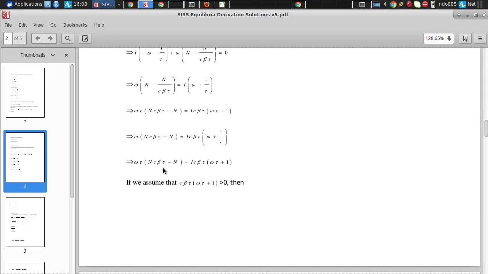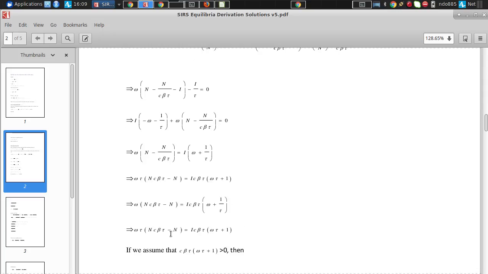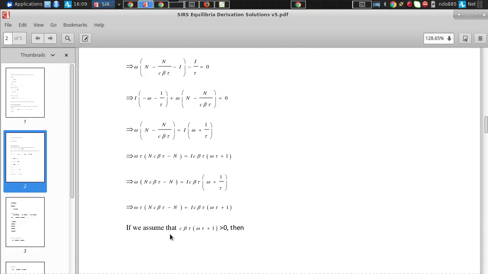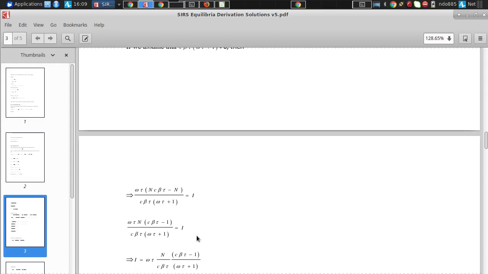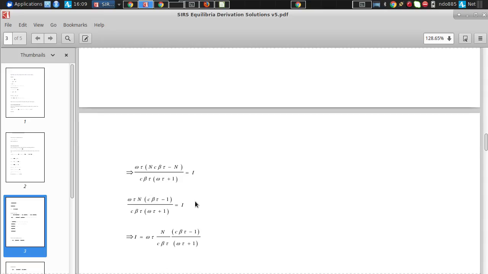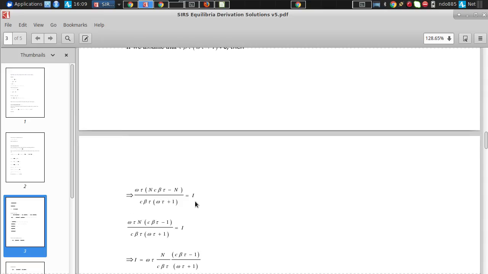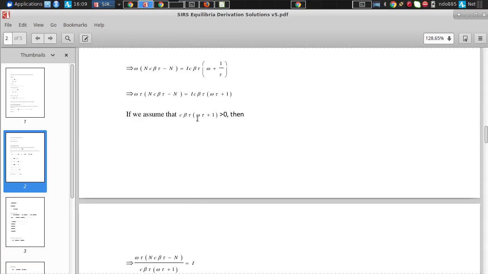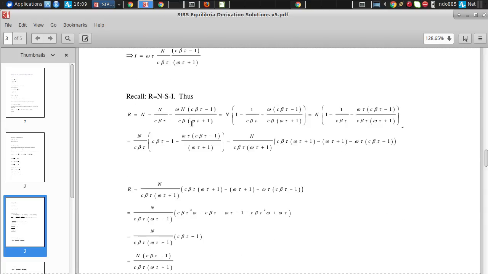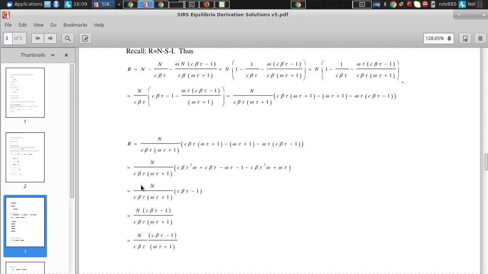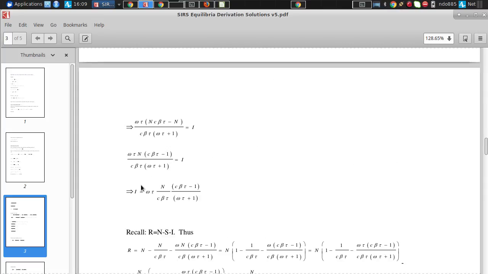Here we're successively solving for this. That's the solution for I, and notice it is contingent. I say this thing has to be non-zero, and then we could solve for R since we solved for S and for I.